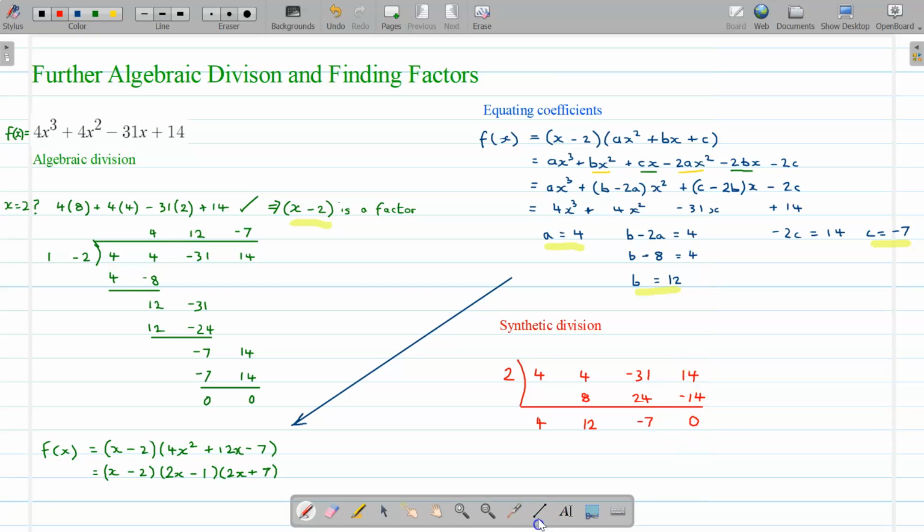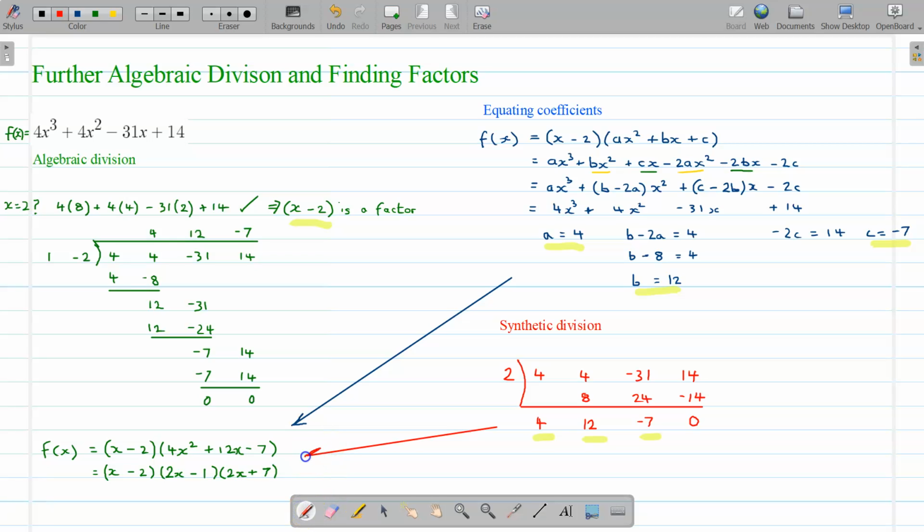And then these three things here, the 4, the 12 and the minus 7, become the coefficients of the quadratic, just as we got here, and so now we simply go to this step again and do what we did over there to finish off.